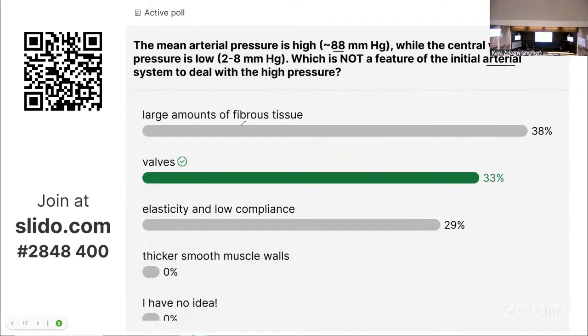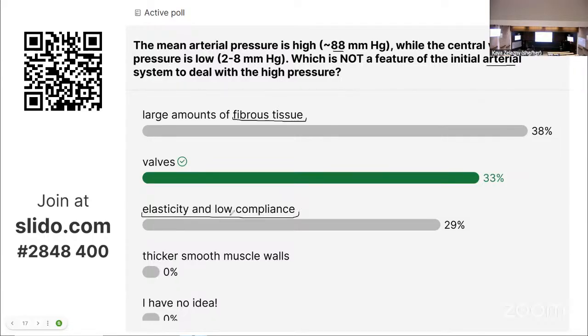So the fibrous tissue is the collagen. So that's letting them remain structurally sound in response to this high pressure, right? And this elasticity of the walls and that low compliance is helping them hold that high pressure in essentially a reservoir that they can then use later.